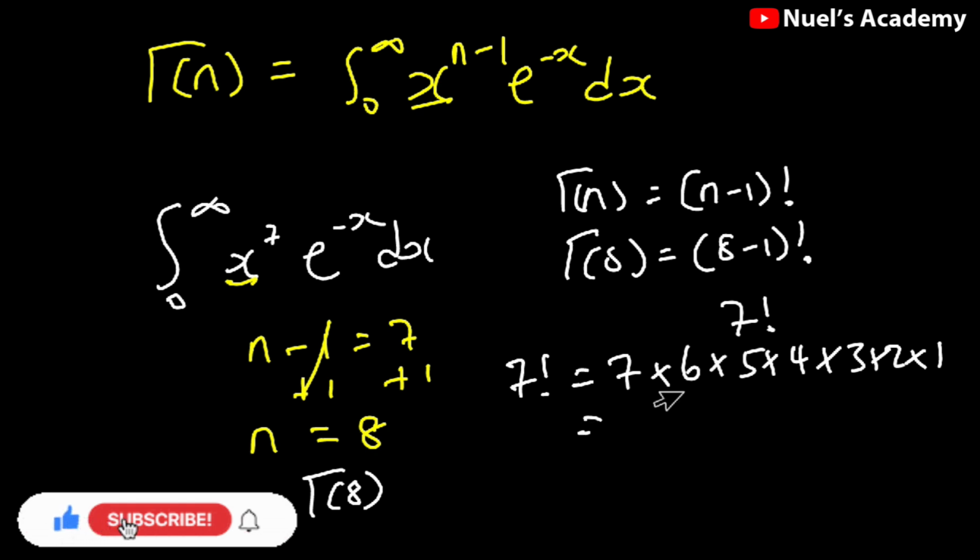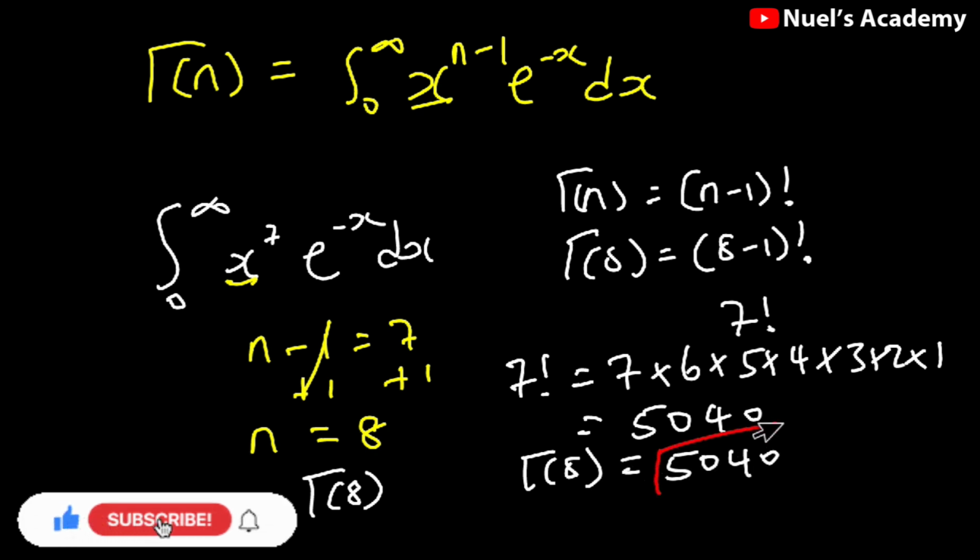If you punch it in your calculator, it is equal to 5040. Now we have that gamma 8 is equal to 5040, and so this is the answer to this question.